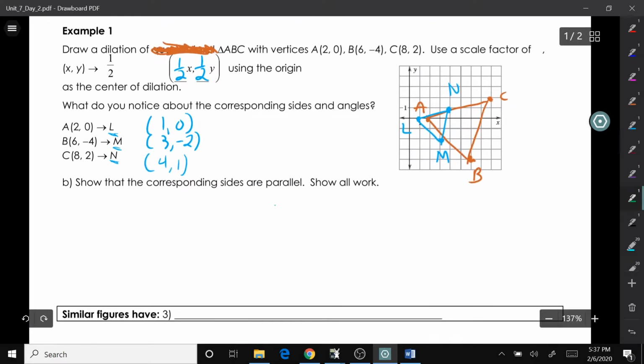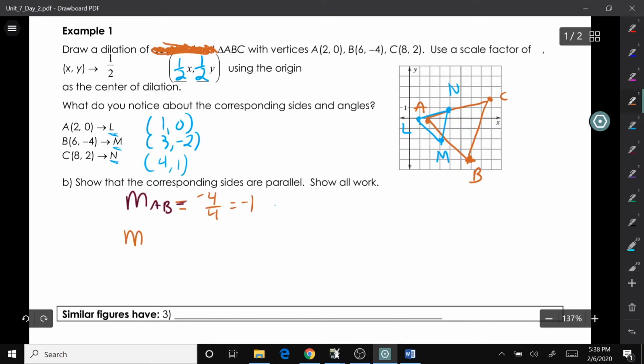So what we're going to do is we're going to find the slope of all 6 of these lines. Now, you could use a slope formula, and that's okay if you want to. However, I think it's probably easier to count our slopes since we've graphed this. So let's look at the slope of the brown triangle. So the slope of AB, so I'm going to count from A to B. So that was down 4 and right 4, which is -1.